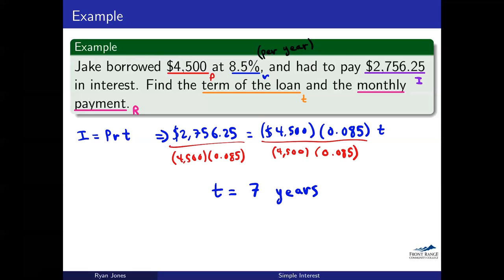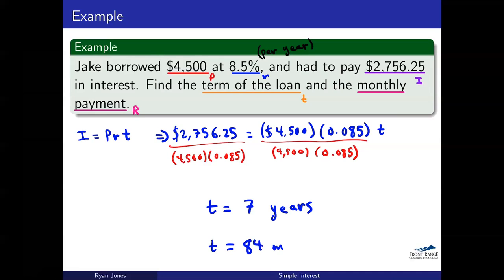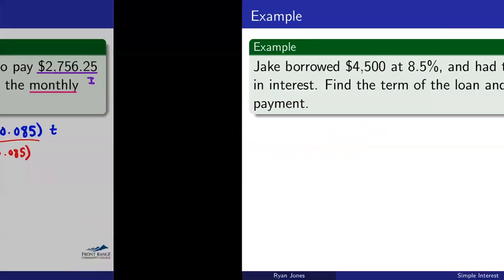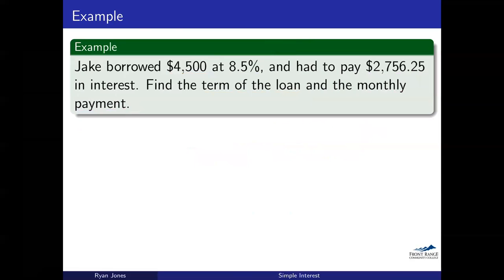I'm going to make one more note as well. And that's that 7 years is equal to 84 months. So I'm just taking that 7 years and multiplying it by 12 months in a year. So 7 years is 84 months. So now let's go ahead and give ourselves a new page here.